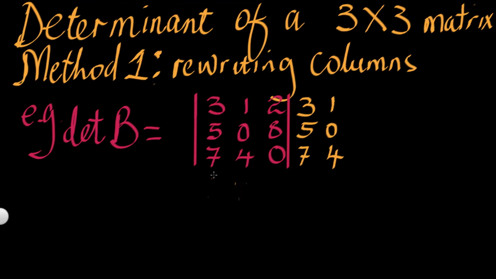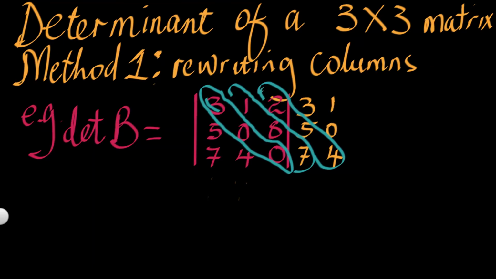after rewriting these two columns, you now have to create diagonals, major diagonals and minor diagonals. I'm going to try to use a different pen here just to highlight this. What you have here is going to be a major diagonal, followed by this one, followed by this one.